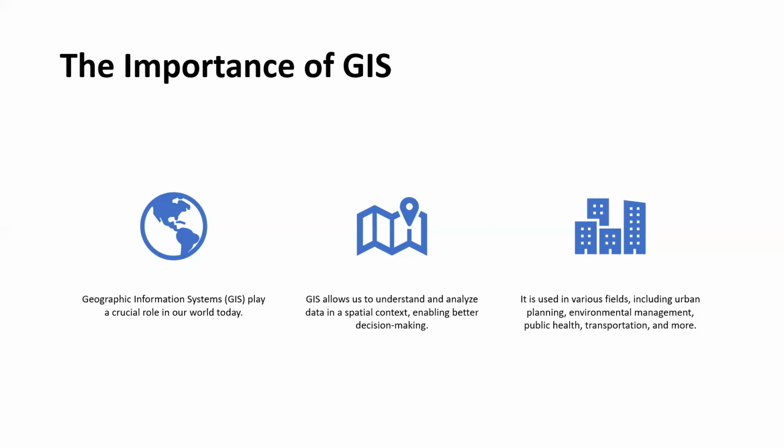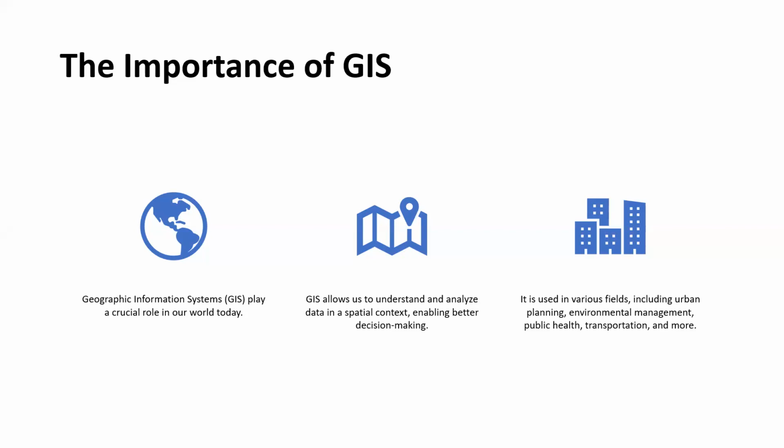So GIS allows us to understand and analyze data in spatial context, in the sense that today there is this particular belief that 80% of businesses have data with location attached to it, but below 30% have realized that there is location attached to their data.